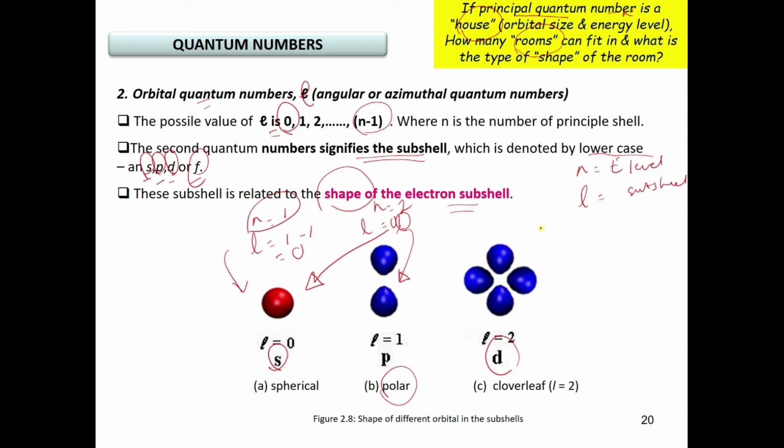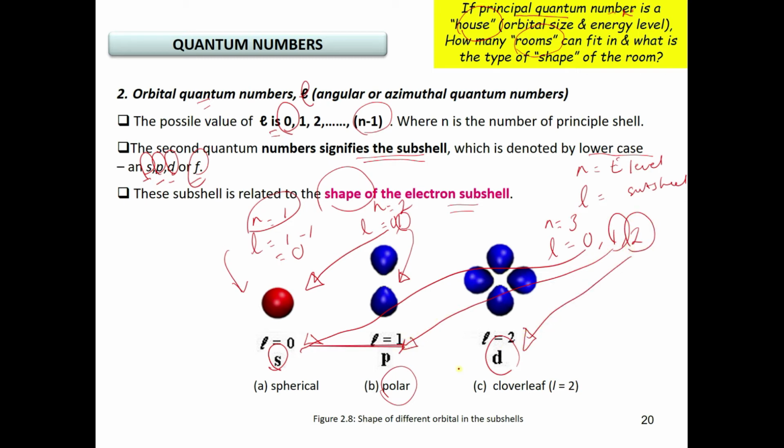For example, when N is equal to 3, you have L equal to 0, 1, and 2. For 0, you have the s subshell. For 1, you have the p subshell. But for L equal to 2, it is denoted as the d subshell, which has the shape of a clover leaf.